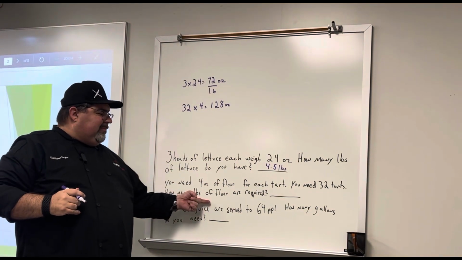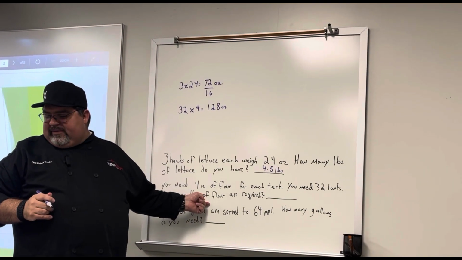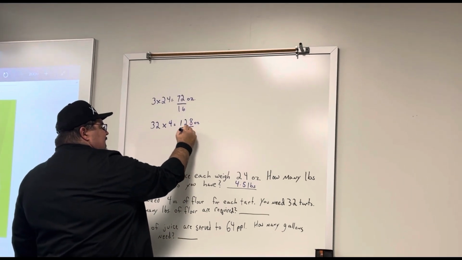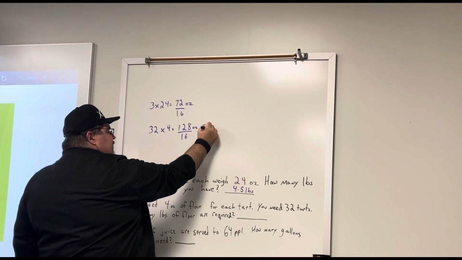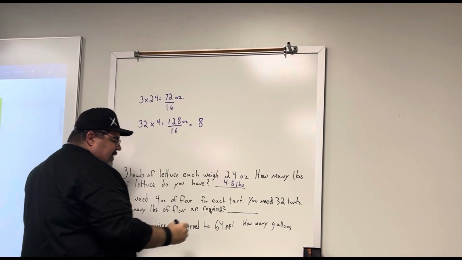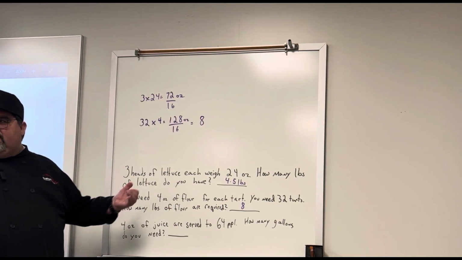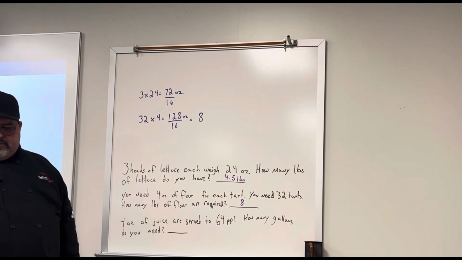But we need to know how many pounds of flour that is. We'll take the 128, divide it by 16, and that's going to give us 8 pounds of flour that we need to make the 32 individual tarts.